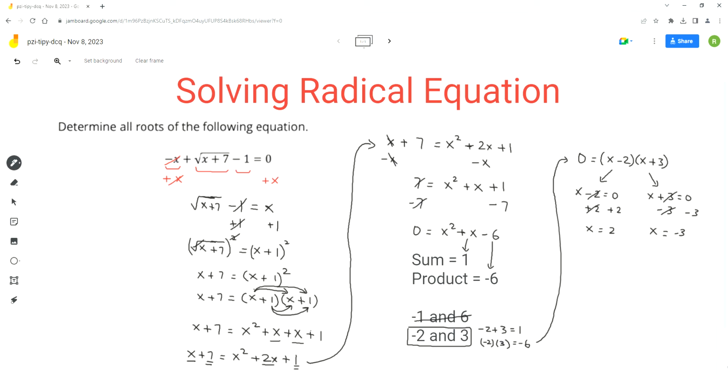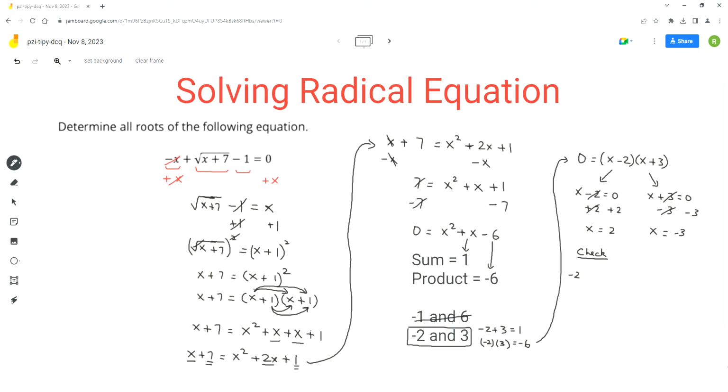Now we have to check if any of these roots are invalid. So we can sub in x as 2 and x as negative 3 in the equation to see if the left side becomes equal to the right side. So let's start with x equals 2. So we'll sub in x as 2 in the given equation.